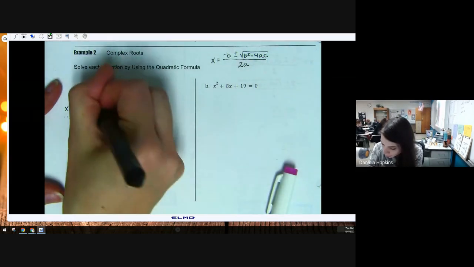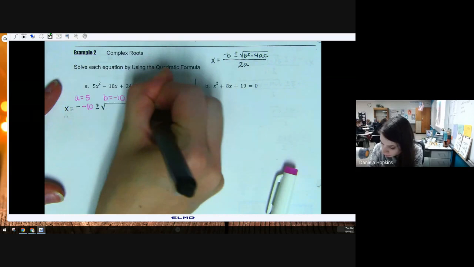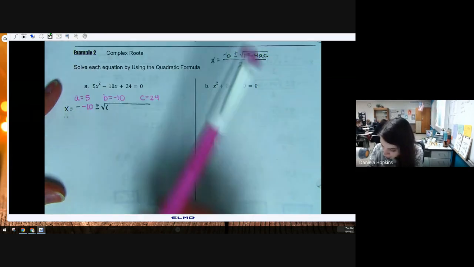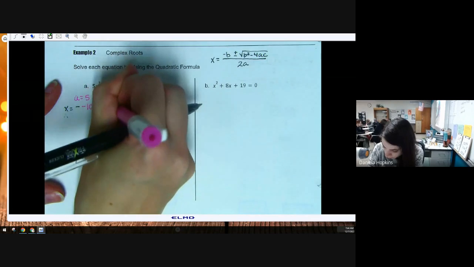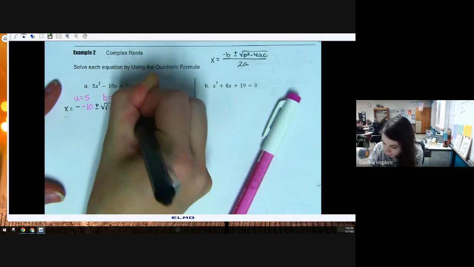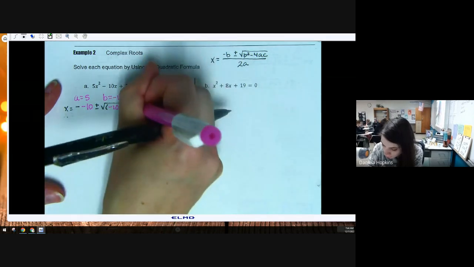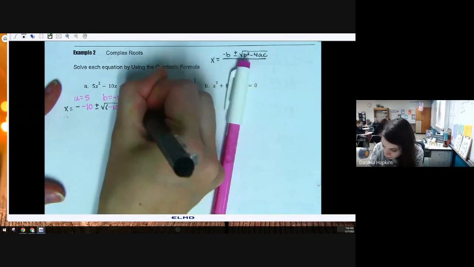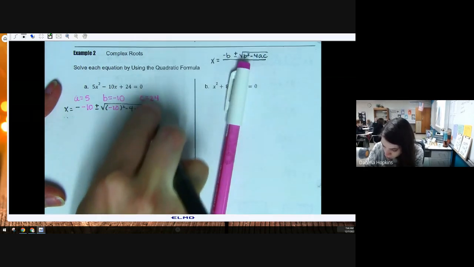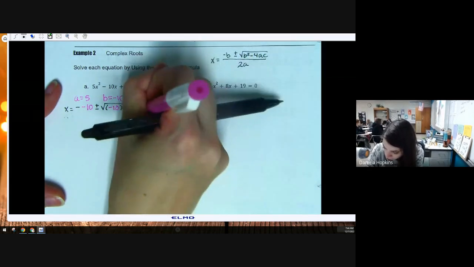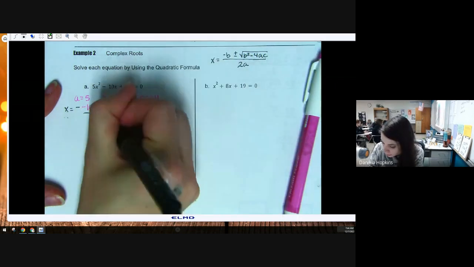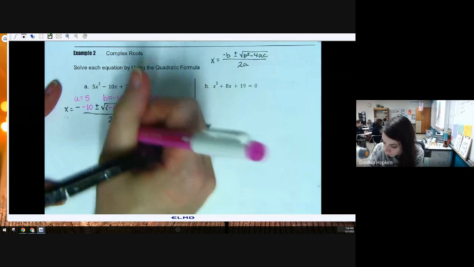Plus or minus the square root of my b squared, so I'm going to put it in parentheses, or you could just make it positive if you wanted to, but negative 10 squared minus 4 times my a, which is 5, times my c, which is 24, all over 2 times my a, which is 5.